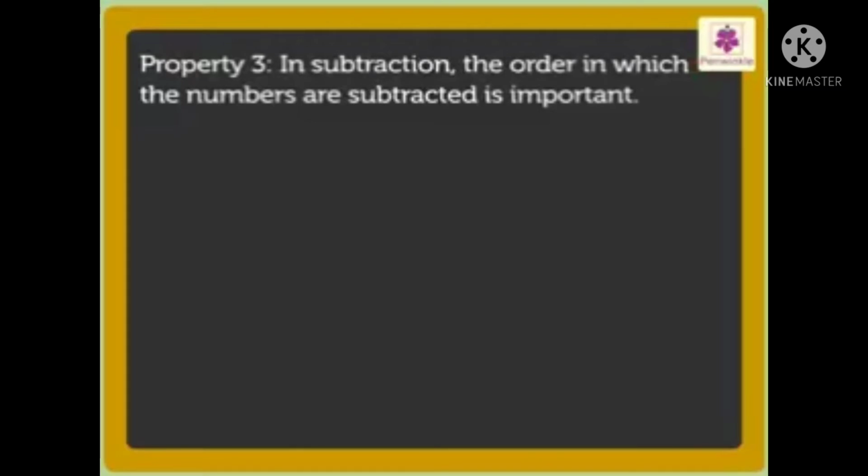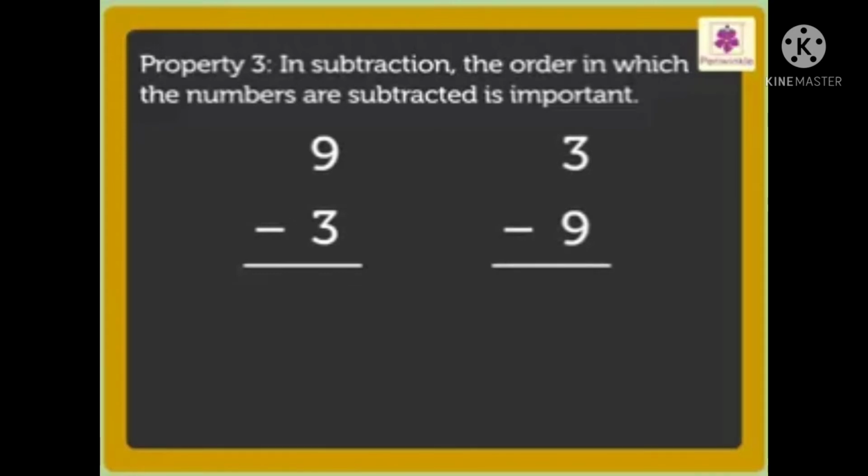Property 3. In subtraction, the order in which the numbers are subtracted is important. Let us take the numbers 3 and 9. When we subtract 9 minus 3 and 3 minus 9, we do not get the same answer.